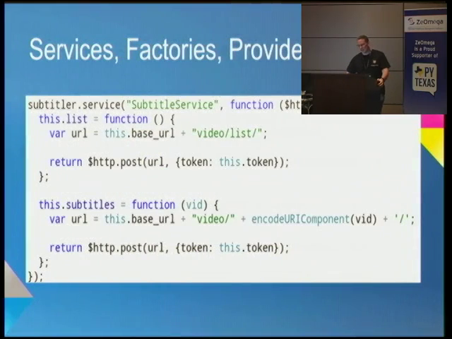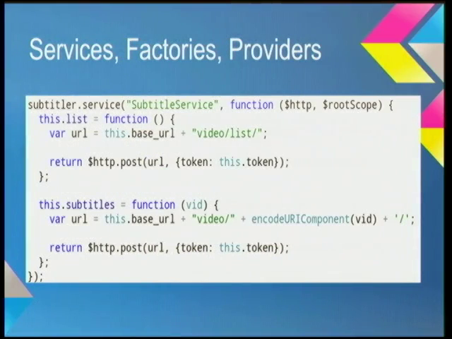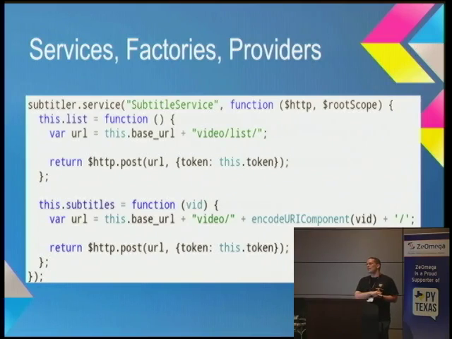All right, so let's talk about services. When I'm talking about services, there's three concepts in Angular. There's what's called services, there's what's called factories, and there's what's called providers. And they're each ways of talking to your back end.